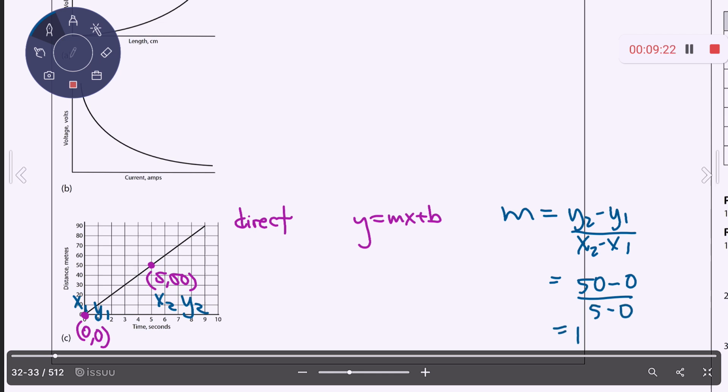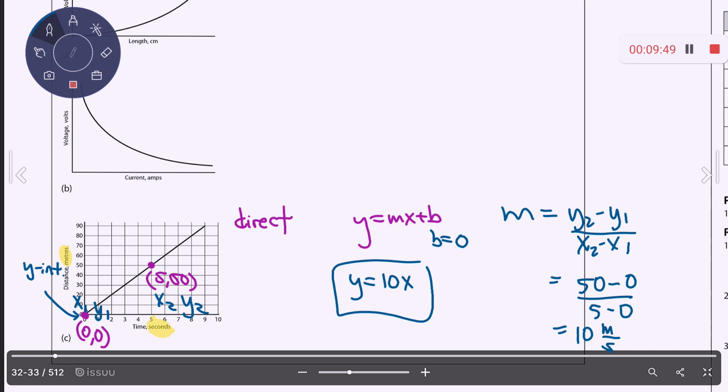So that's 50 over 5, which is 10. You need to pay attention to your units. Your units here are meters per second. So that means the slope would be 10 m over s. And then when I write my equation for the line, since my y-intercept is 0, that means b is 0. So this would be y equals 10x. That would be my equation for the line. Okay?